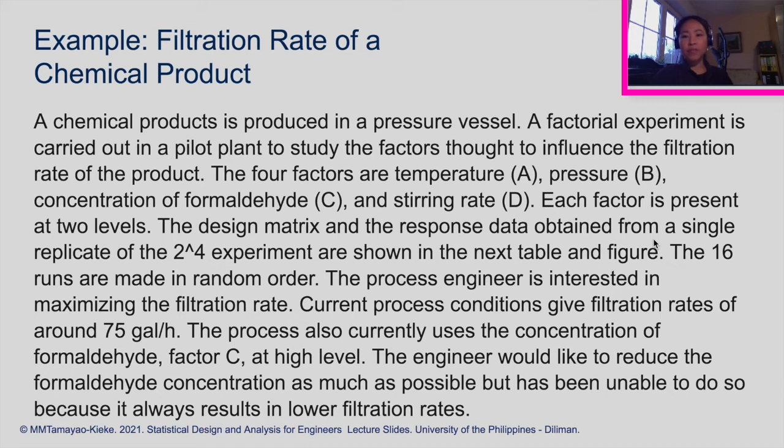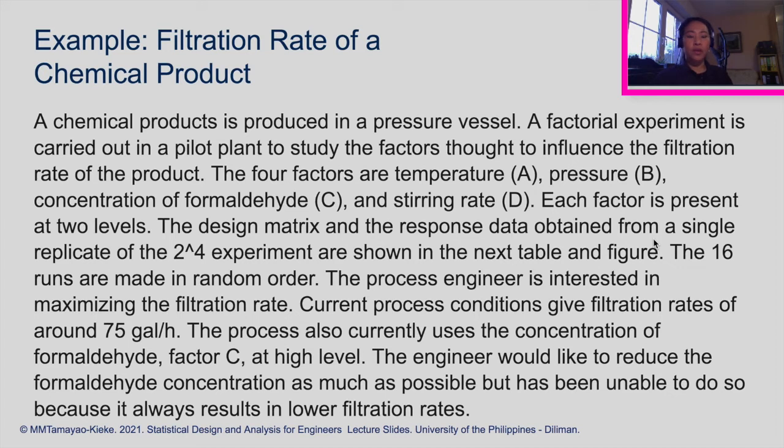Let's look at this example, the filtration rate of a chemical product example. It reads: a chemical product is produced in a pressure vessel. A factorial experiment is carried out in a pilot plant to study the factors thought to influence the filtration rate of the product.